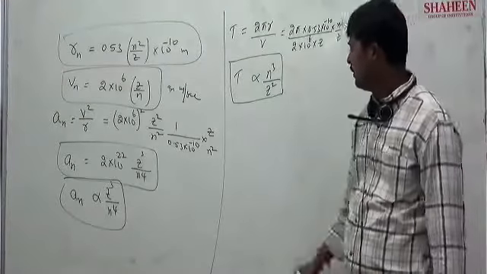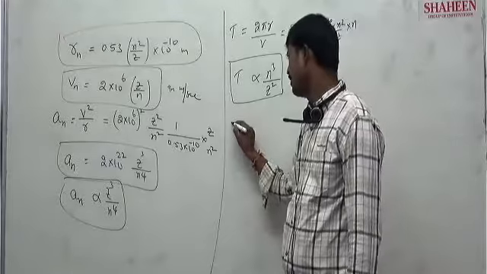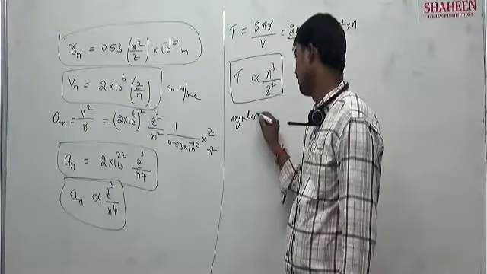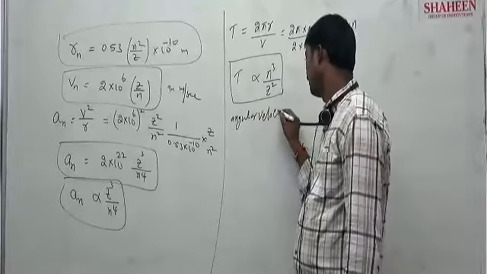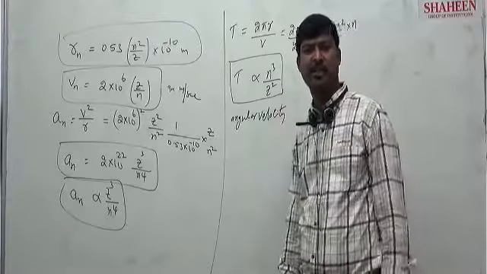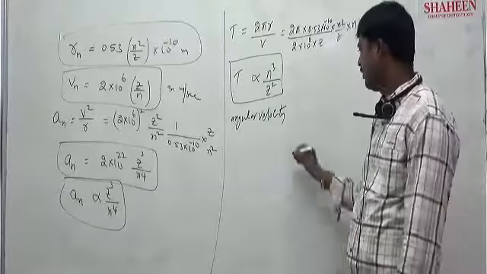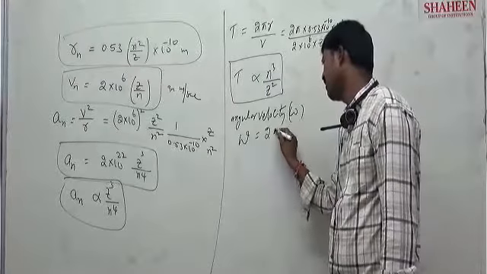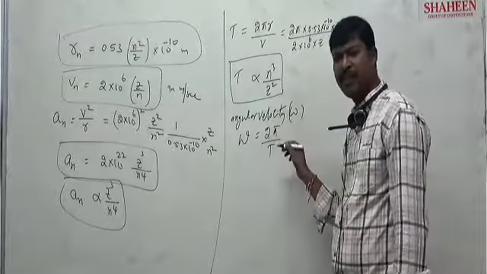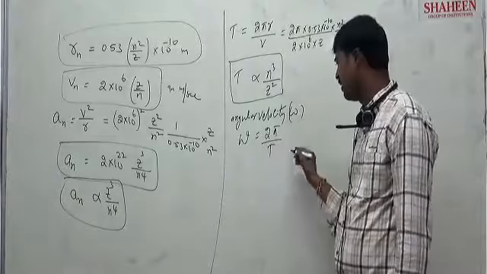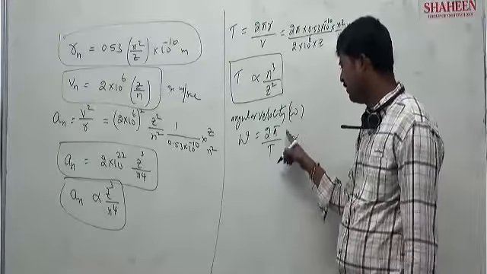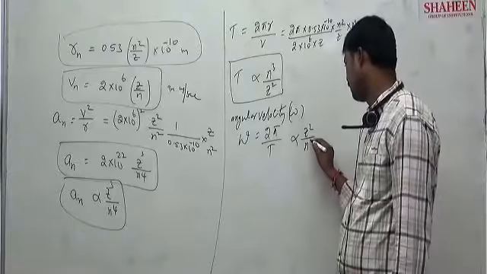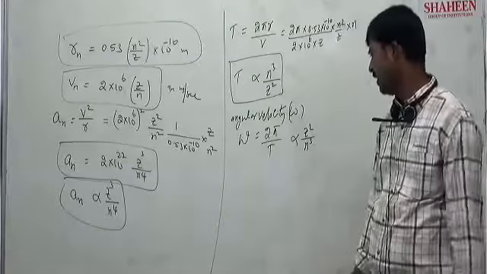Then omega, angular velocity. Angular velocity is omega, so omega is 2 pi by T. Total circumference 2 pi radians by time period T. So this is inversely proportional to T, right? That is z square by n cube.